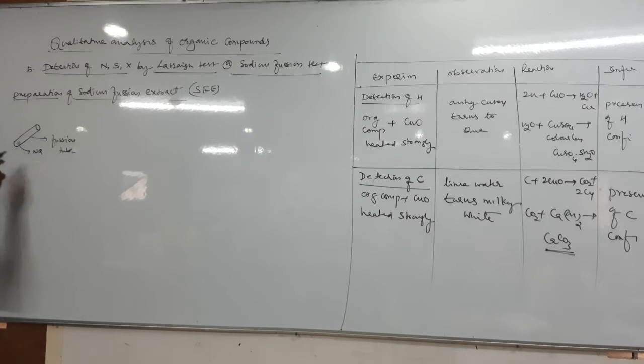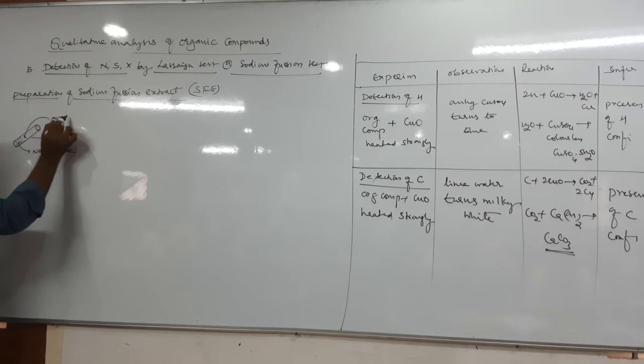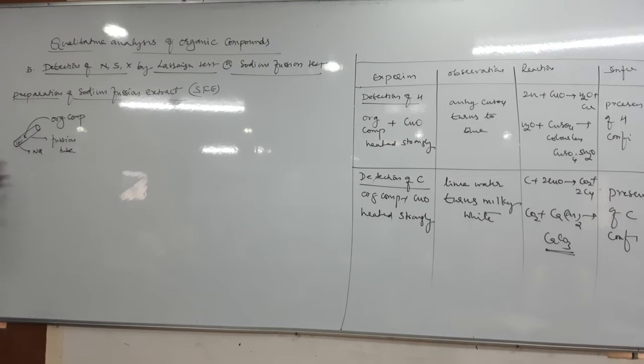The sodium metal in the fusion tube is heated very strongly until it melts. Then a small amount of organic compound is added. Listen carefully, this is important. We know sodium metal is highly reactive.